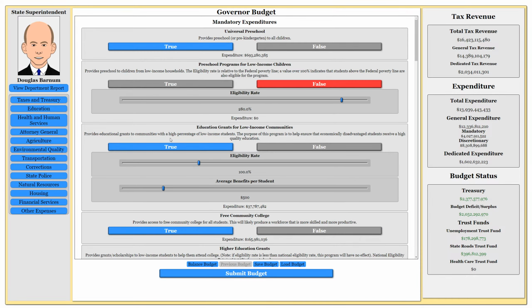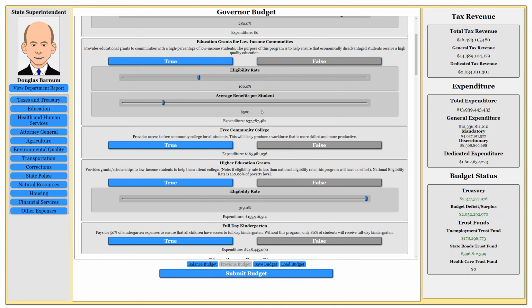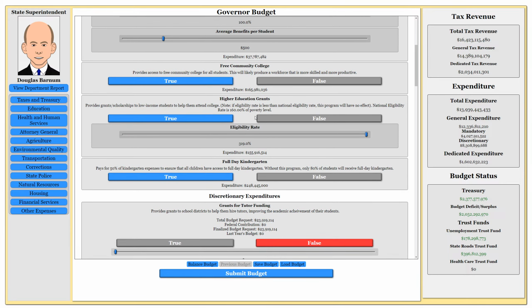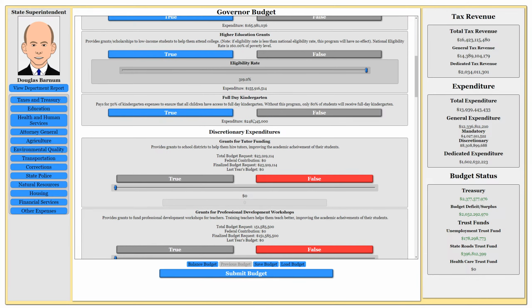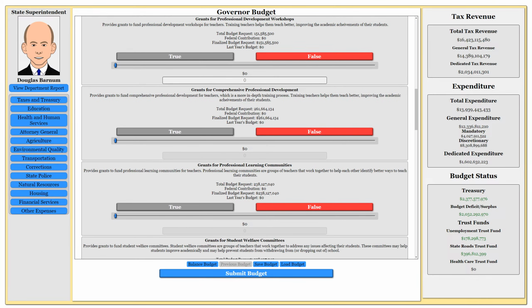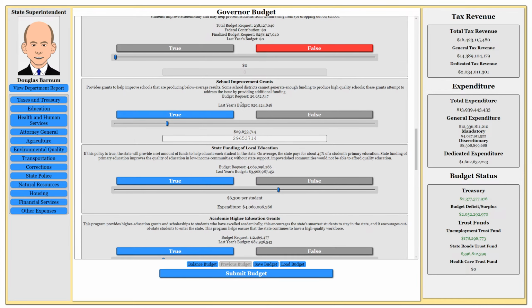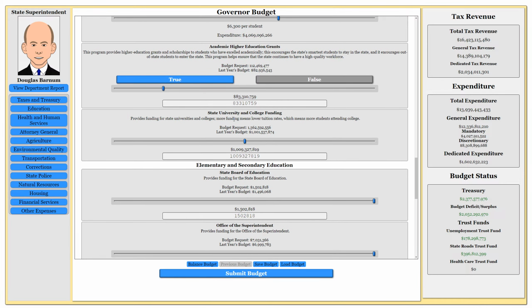All right. And then moving on, we now have a $2 billion surplus that we can work with. So universal preschool is a thing, so we don't have to worry about that. Community college is approved. Full day kindergarten is approved. I hate it whenever they do this, whenever I'm not governor, because they always beat me to what I want to do.